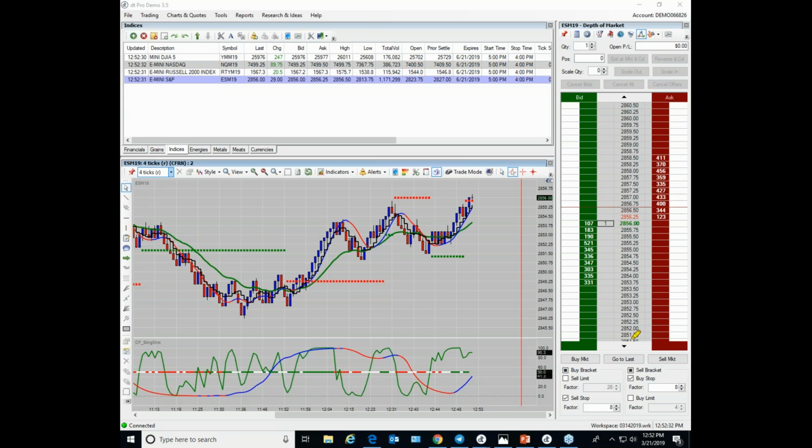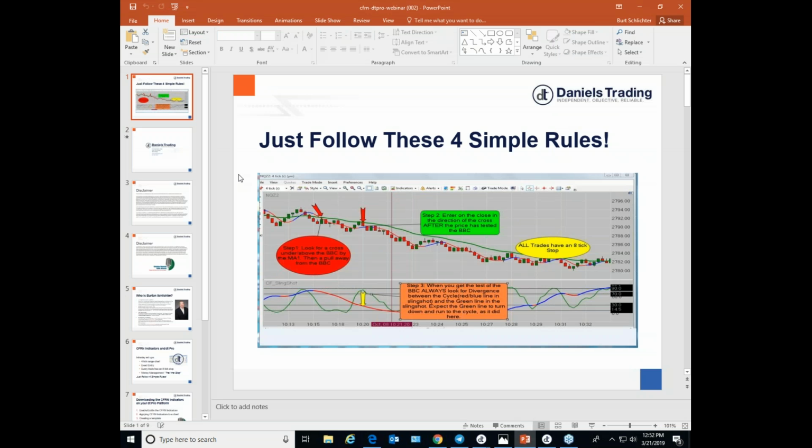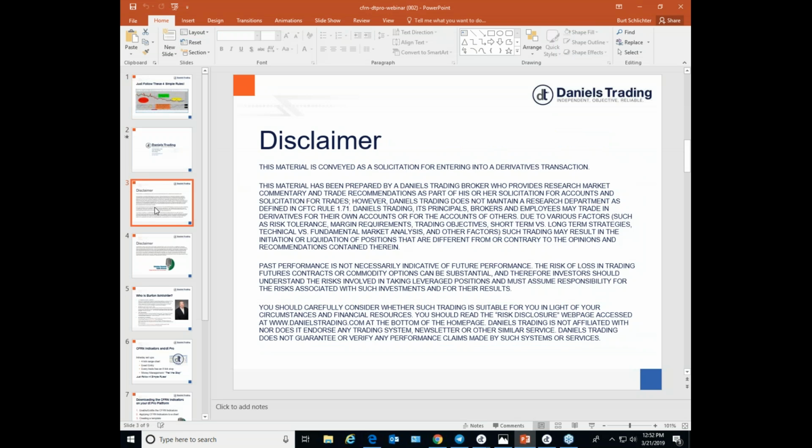So the disclaimer really is out there for good reason. It's like a warning label for those guys that are brand new getting into our space, okay? My experience with the guys that come down the CFRN path is they're already numb to the disclaimer. They've been to this guy, and they've been to this guru, and they've been through a couple of trading accounts.